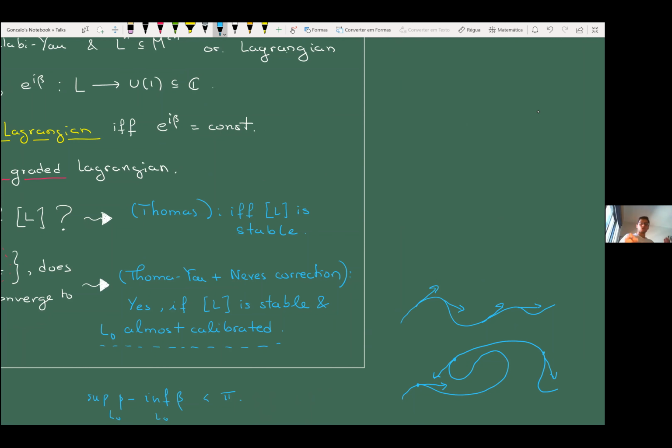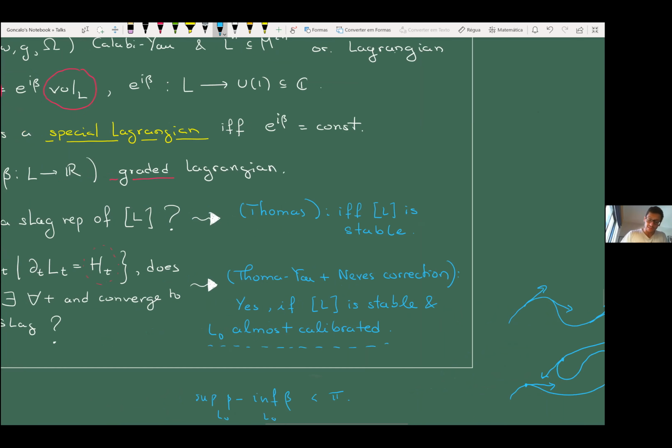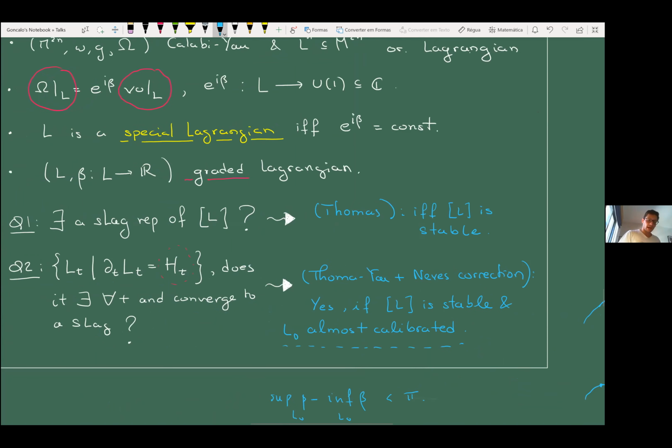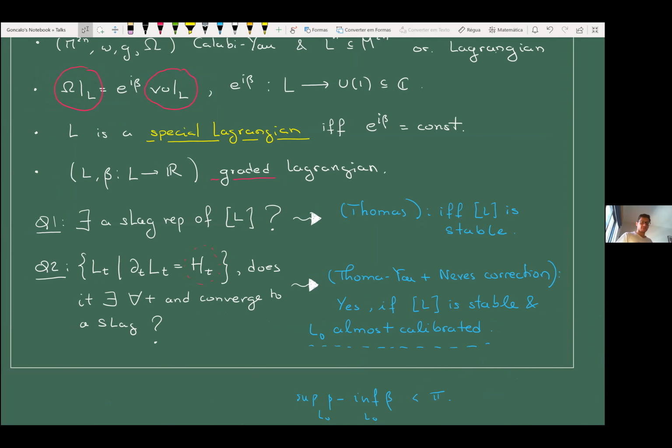In total, this already gives you a variation of more than pi in the angle that it makes with a fixed axis, so that case is not almost calibrated. You cannot have this kind of thing, but you could have this. And of course, the counterexample that André Neves gave is in higher dimensions because of the previous result of Gage and Hamilton that I mentioned.